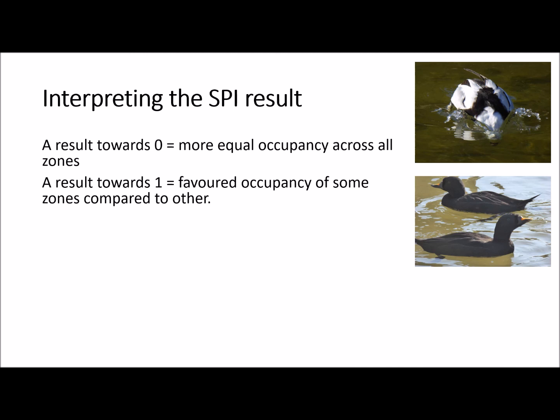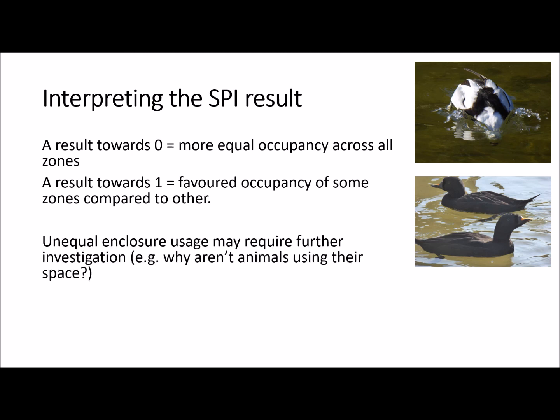This is suggestive of bias in the animal's usage of space in the enclosure. This unequal enclosure usage may require further investigation for you to understand why these animals aren't using all of the space they are provided with.